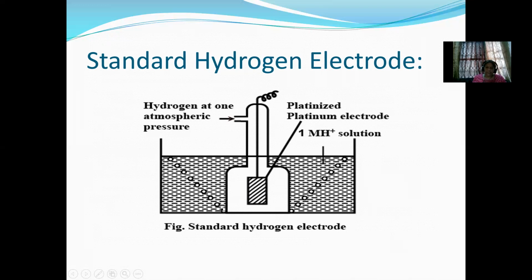It is dipped in a solution containing 1 molar HCl, that is, 1 molar H plus ions. That means the hydrogen gas is in contact with the H plus ions. This is how the standard hydrogen electrode is constructed. When it is maintained at 298 Kelvin and the hydrogen gas pressure is 1 atmosphere, it is known as the standard hydrogen electrode and its electrode potential is 0.